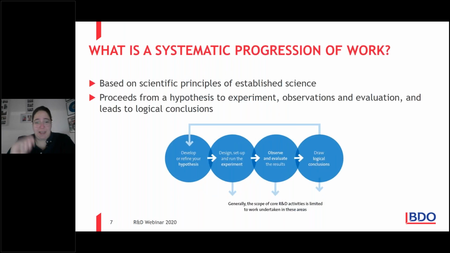So what does that actually mean? The important parts here that we're going to be talking about are really the hypothesis and the experiment. So being really specific in your hypothesis and the technical variables that you're testing when it comes to IT. And then you're conducting the experiment, you're looking at the results.